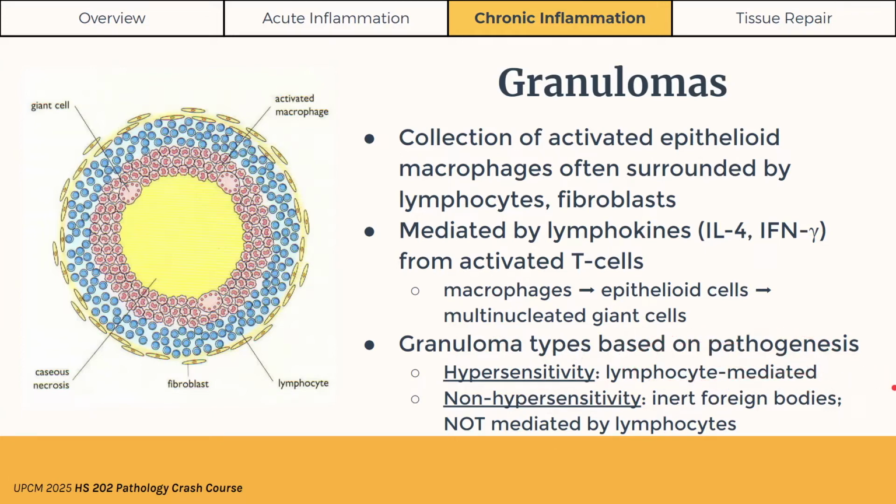On the other hand, kabaliktaran naman sa non-hypersensitivity type ng granuloma, it's caused by inert foreign bodies like talc. So, hindi nila kayang mag-induce ng lymphocyte response. So, kaya yan yung klase ng granuloma na meron sila. And of course, in addition to the activated macrophages and the giant cells na makikita natin sa granulomas, they're actually surrounded by lymphocytes and fibroblasts.